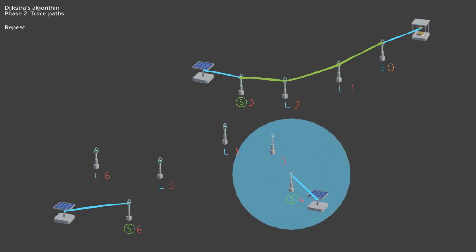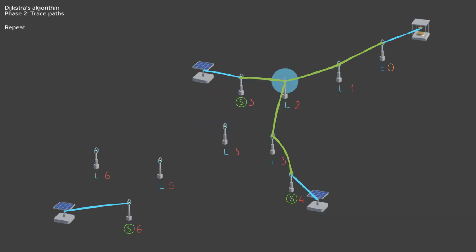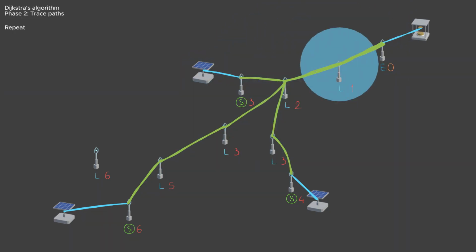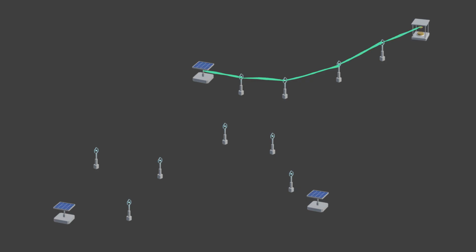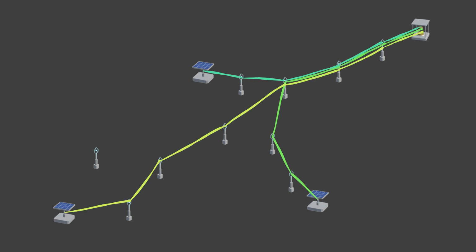The process continues until there are no start points left in the list. The pathfinding process completes with 3 possible paths, connecting start points to endpoints.